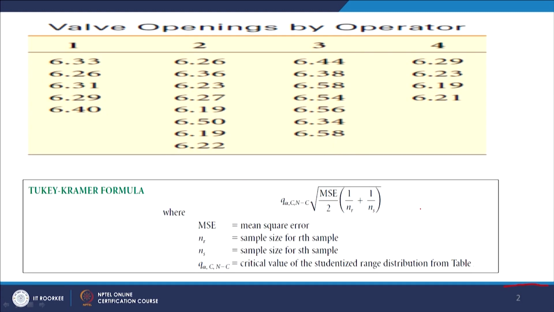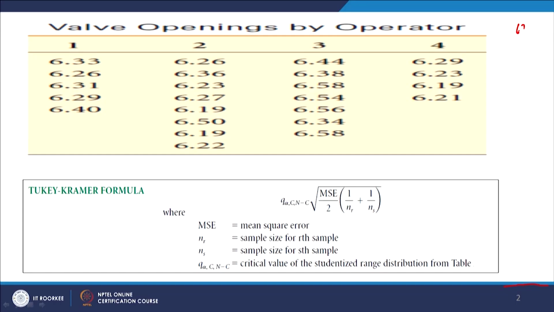So, let us look at an example. This is an example where let us say there are 4 operators and they are making valves, with different valve opening diameters, or put in simpler words, there are 4 operators drilling on an aluminum plate, and let us say the diameter of the hole they want is 6.25 plus minus 0.10 mm or centimeter, whatever it is, right.